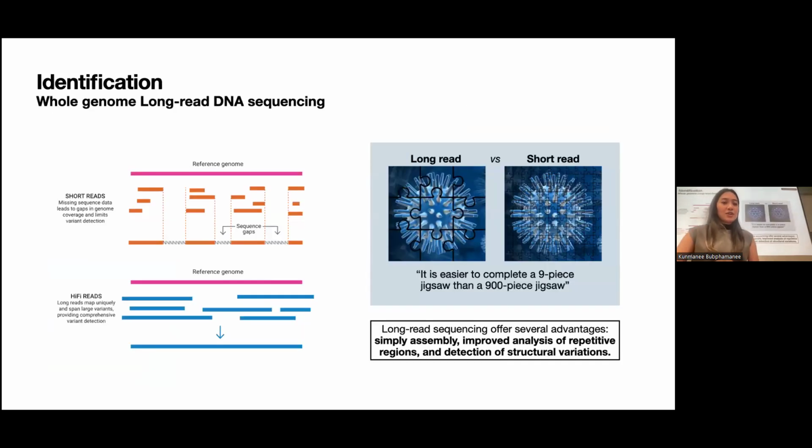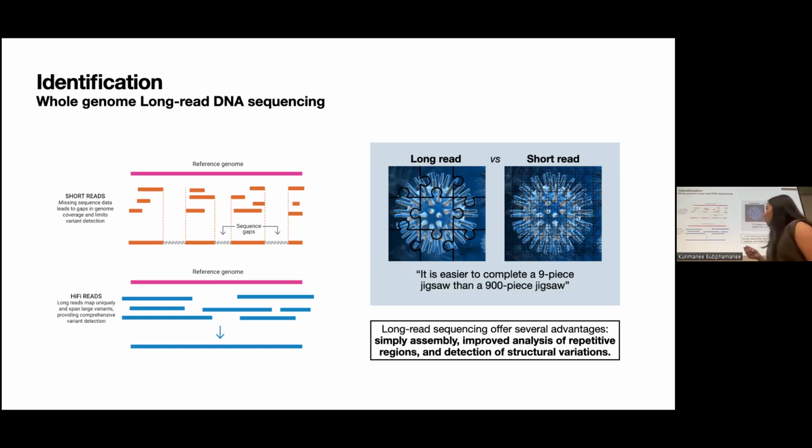So the next step is to identify who they are. We use whole genome long-read DNA sequencing to identify those microbes. Long-read sequencing offers several advantages, and here is an example of why we use it rather than traditional short-read sequencing.